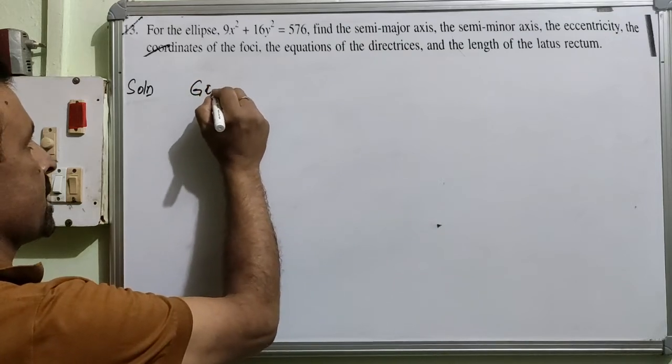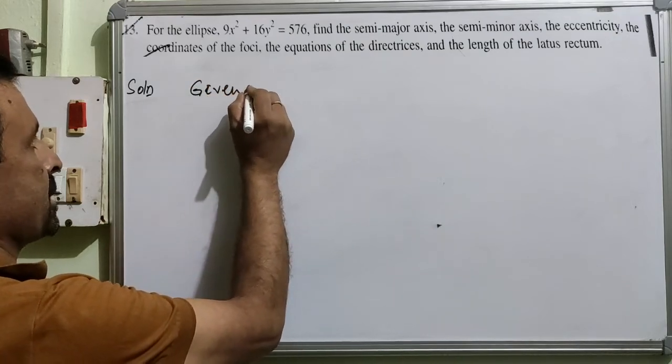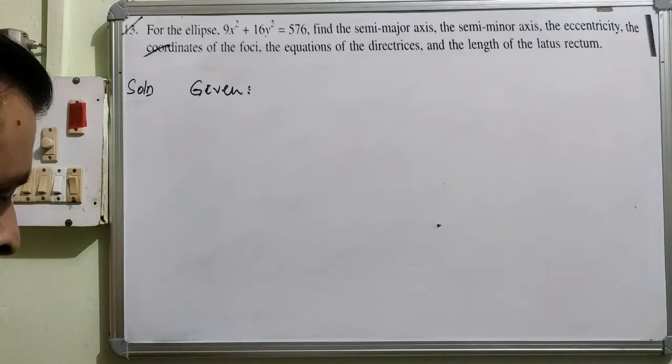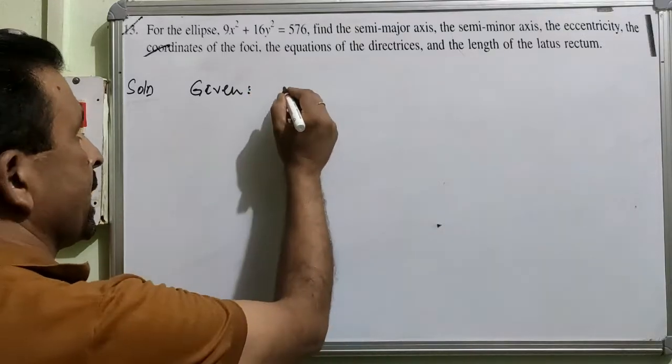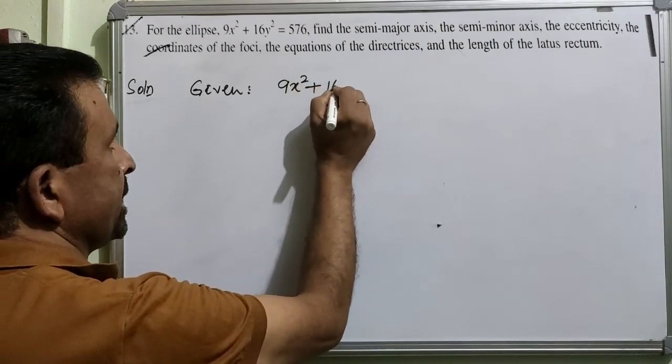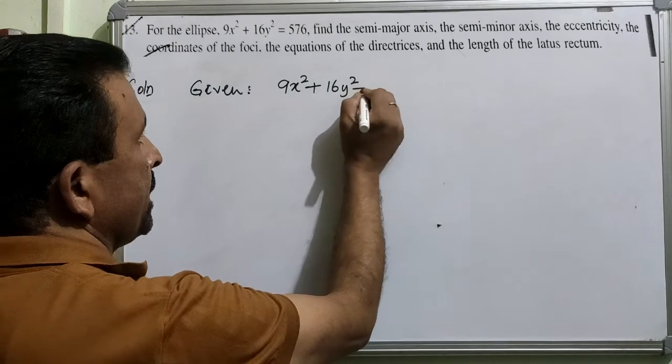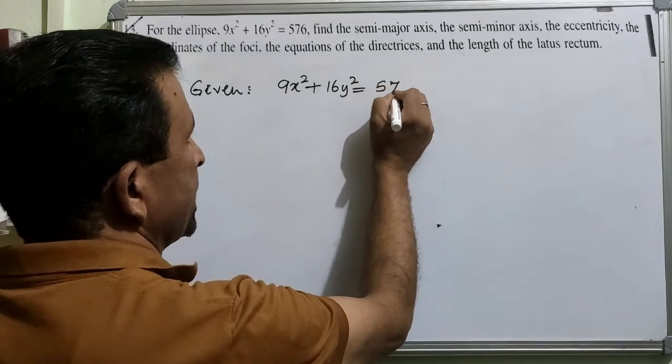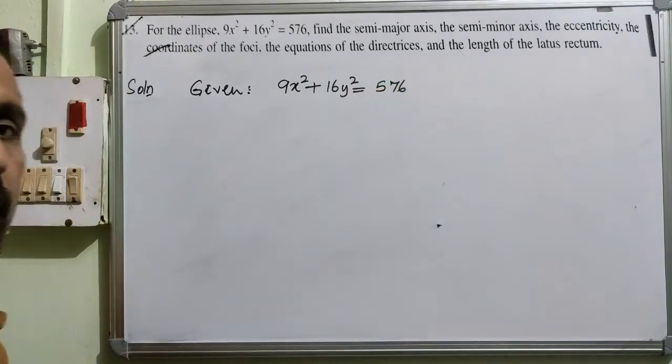So let us write the equation of the ellipse. The equation of the ellipse is given as 9x square plus 16y square is equal to 576. Now we are given this as the equation of your ellipse, right?